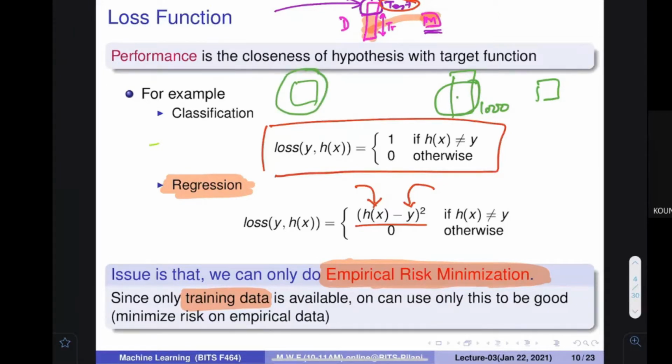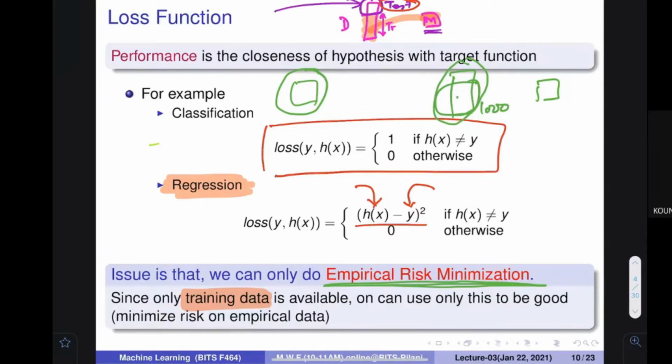So whatever good you can do, you can only do good on the data that is provided to you. This concept is very important, and it is called empirical risk minimization. It means whatever data is available to you, you only have access to that part, and whatever good you can do, you can do only on that particular thing. Okay, makes sense?